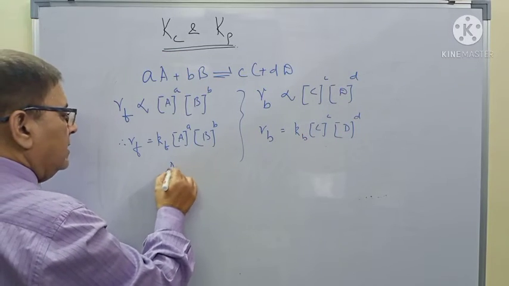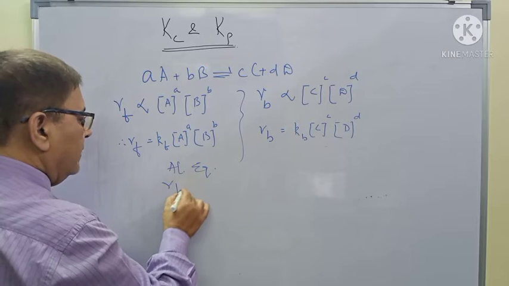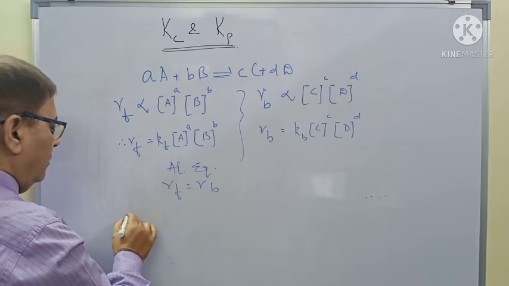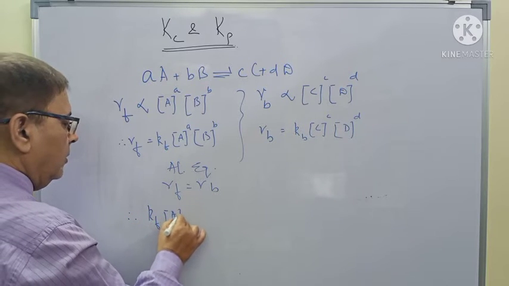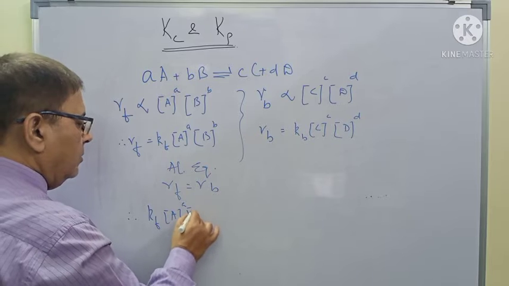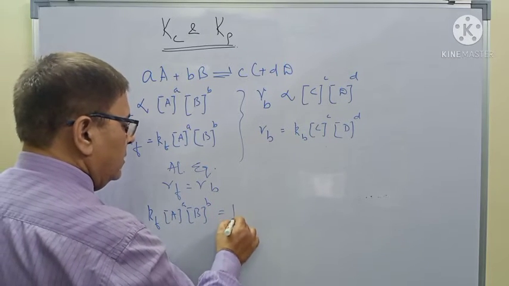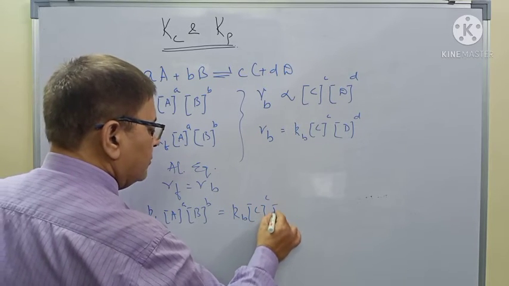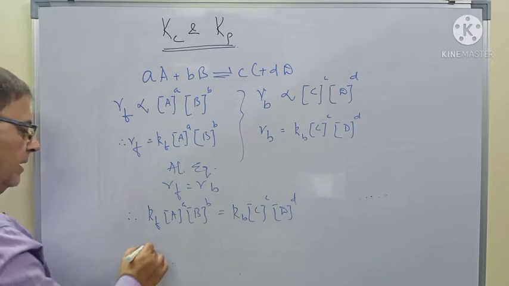We know that at equilibrium, Rf is equal to Rb. Therefore, Kf into [A] raised to a into [B] raised to small b is equal to Kb into [C] raised to c into [D] raised to d.